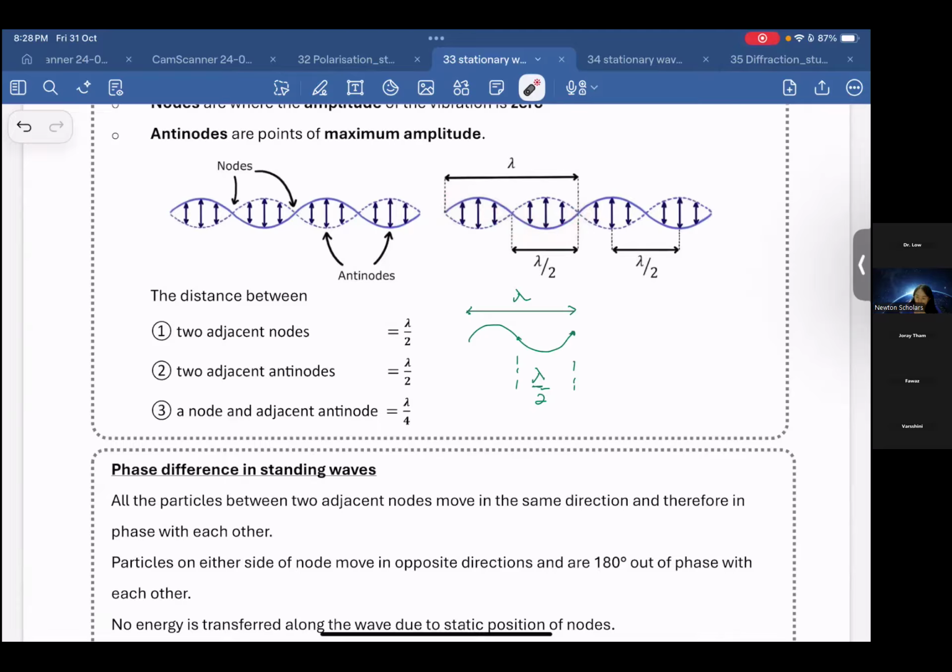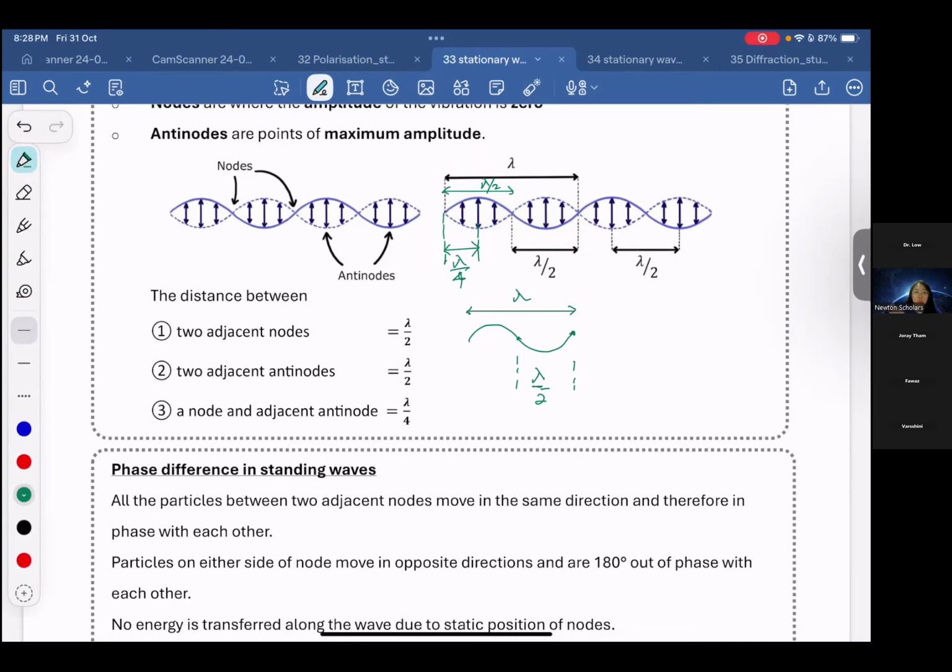Okay, a node to an adjacent antinode, this one like this, is actually 1 over 4 wavelength. From here to here is wavelength over 4, because from here to here is wavelength over 2. Get the idea? Is it okay, this one?